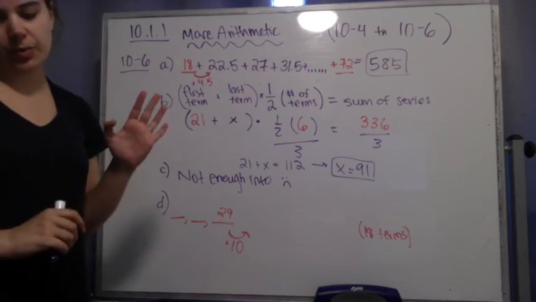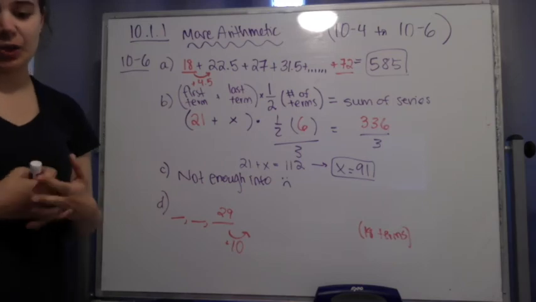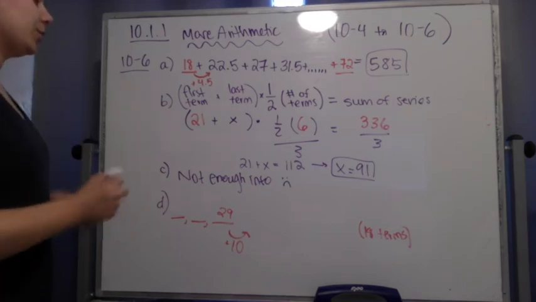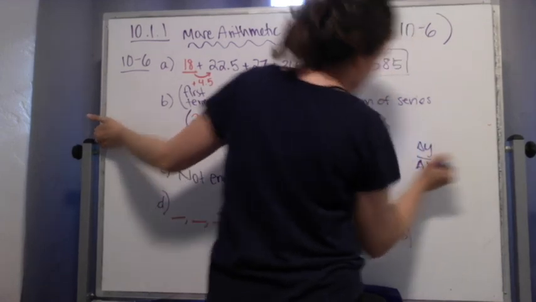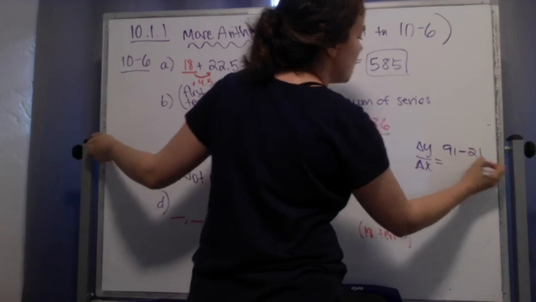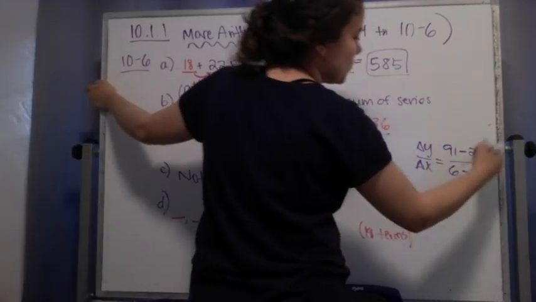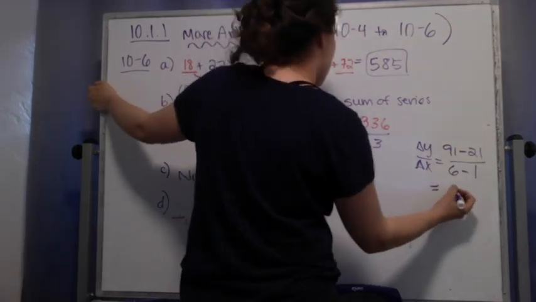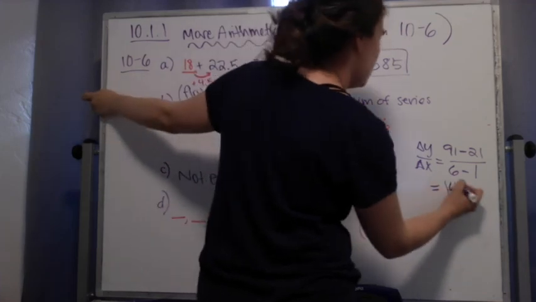And so now we need to write what the values are. So we also need to know what the common difference is. So if we start, we can kind of do a delta y over delta x thing. So if our last term is 91 and our first was 21 and this was the sixth term and this was the first term, we end up with a common difference of 14.